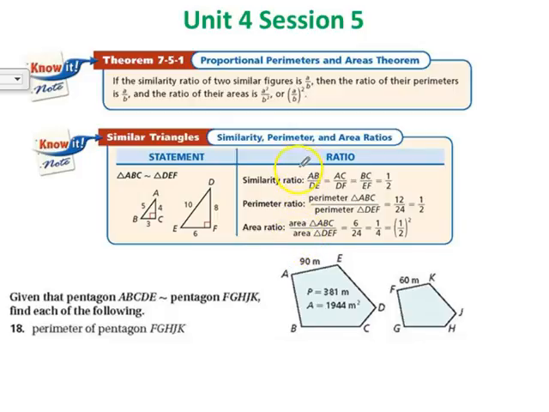And then we've got some similarity ratios where we can compare our perimeter and our areas. Similarity ratios are just when we compare corresponding sides. So if we compared side AB, we would compare it to the corresponding side DE, and that's that ratio right here.